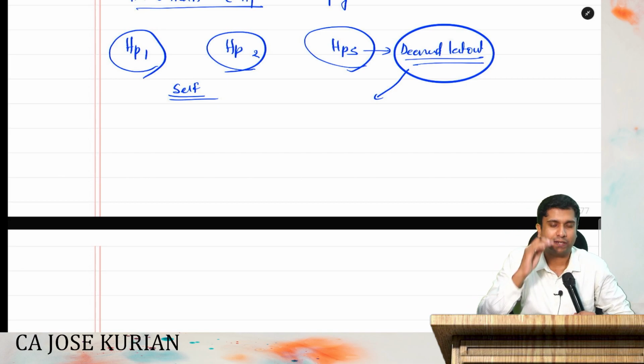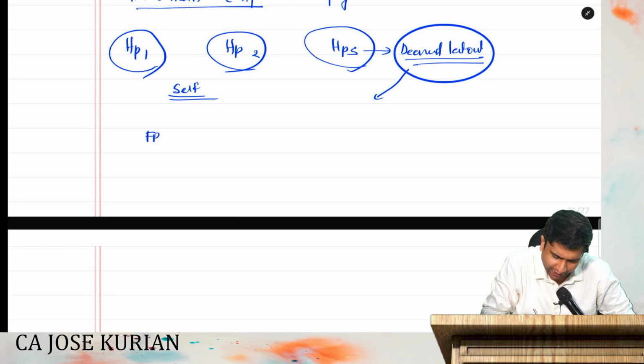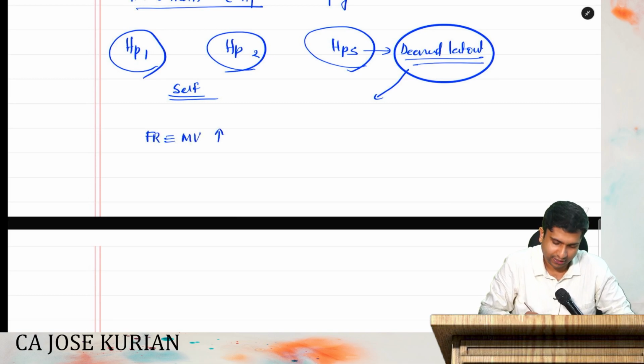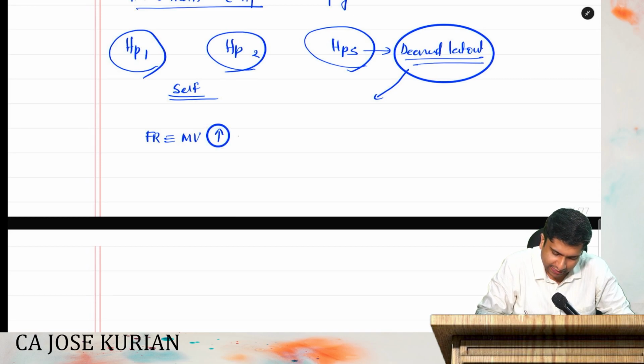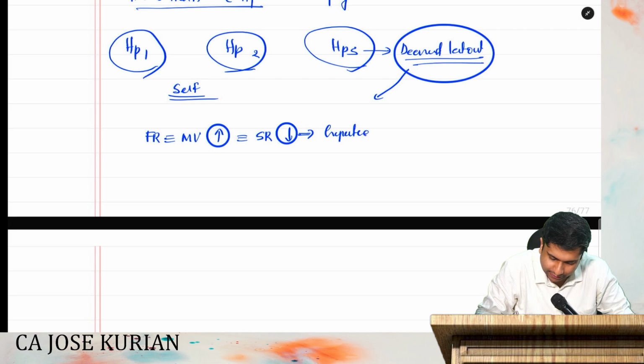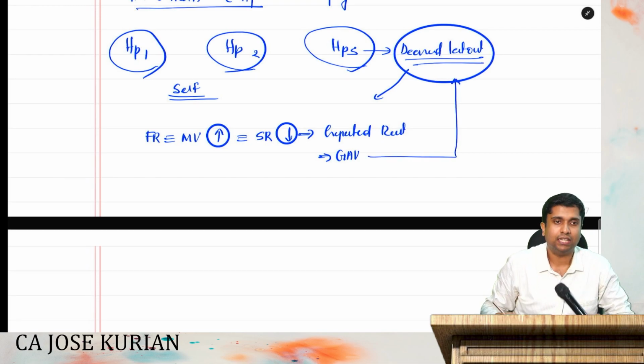How do you find out expected rent? You take fair rent, compare it with municipal value and pick the higher figure. Then compare that higher figure with standard rent and pick the lower figure. This lower figure is known as expected rent. This expected rent will be GAV if your property is deemed let out property.